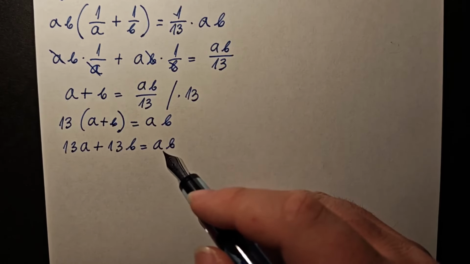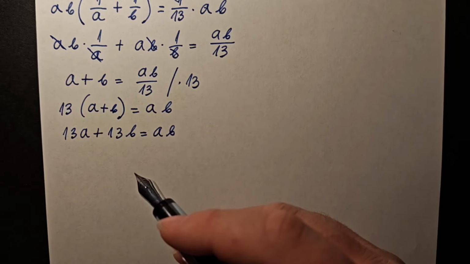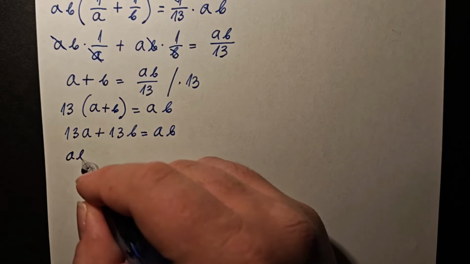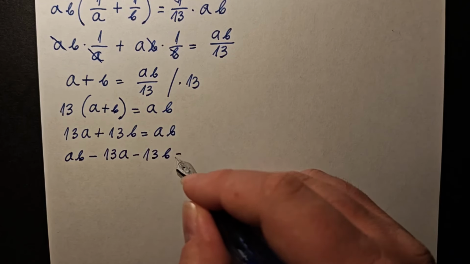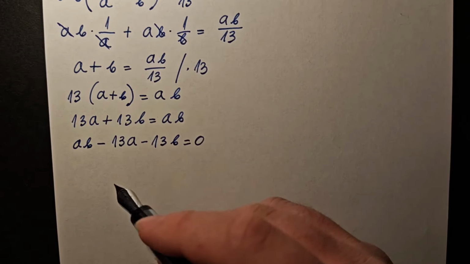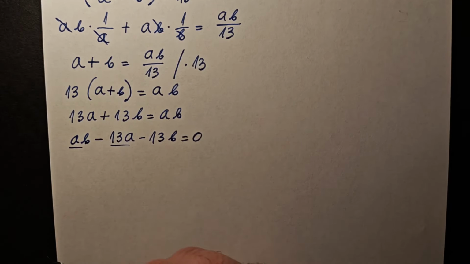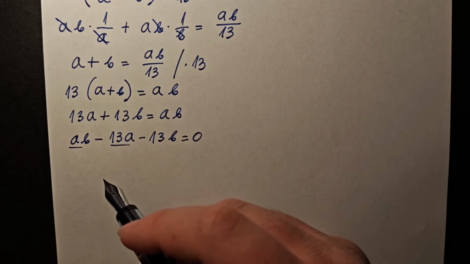Let's place everything on one side of the equation and make 0 on the other side of the equation. Then we get that ab minus 13a minus 13b is equal to 0. And if you observe the first and the second term of the left side of the equation, you see that a is in common.